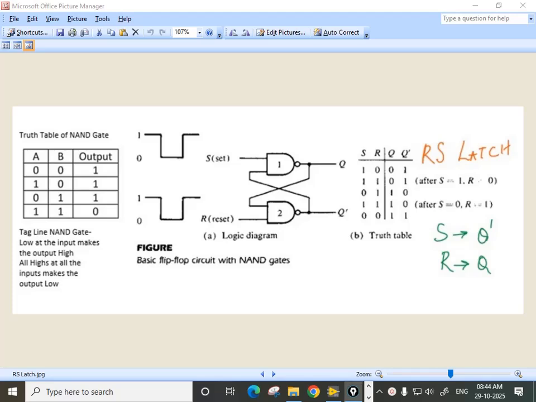The tagline is that anything low at the input makes the output high, and all inputs high make the output low.